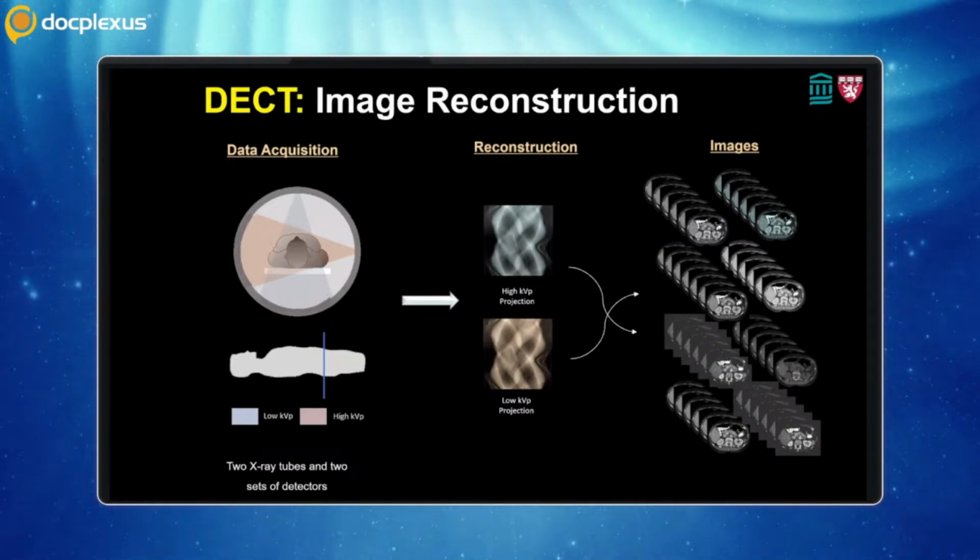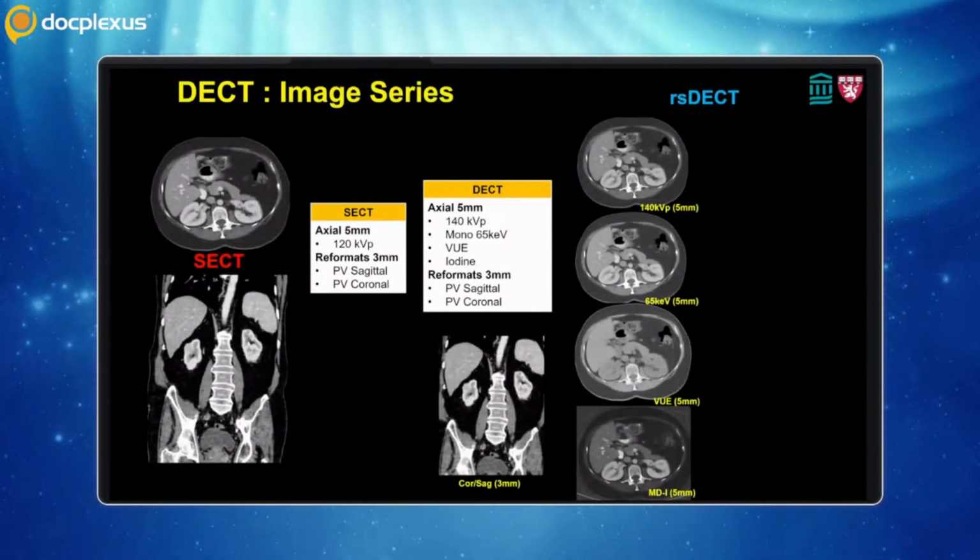For example, if you look at a typical protocol from a single energy CT scanner on your left hand side, you have an axial acquisition and coronal and sagittal reformations. But with a dual energy CT scanner, depending on the technology, you get multiple different types of image data sets, like the 140 kVp image, which is equivalent to the single energy CT.